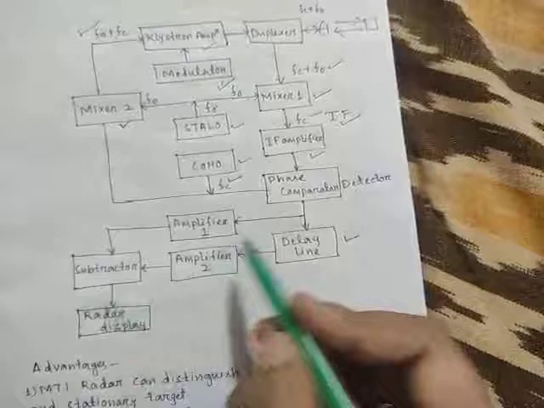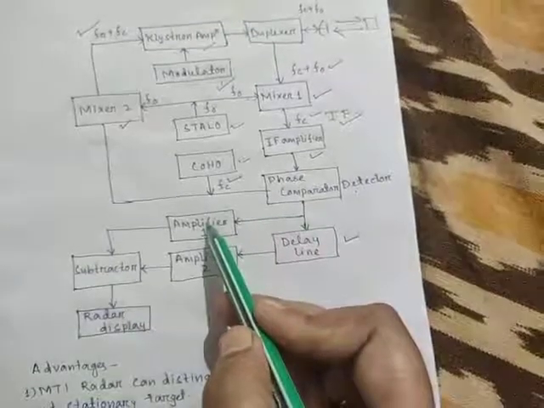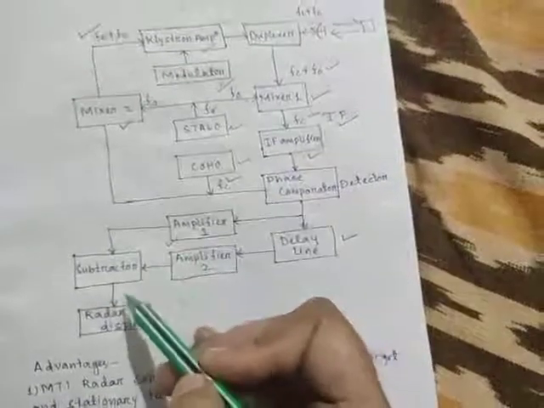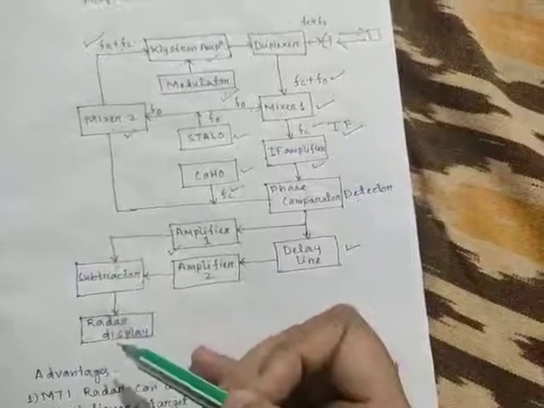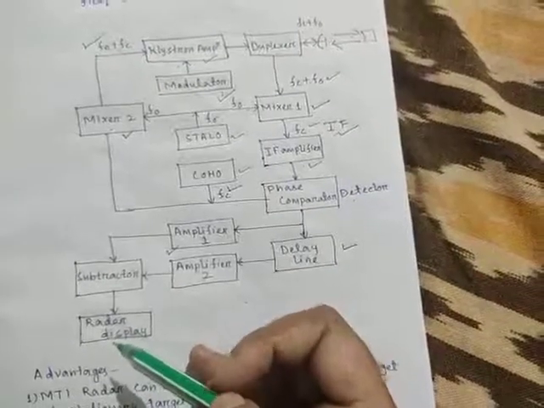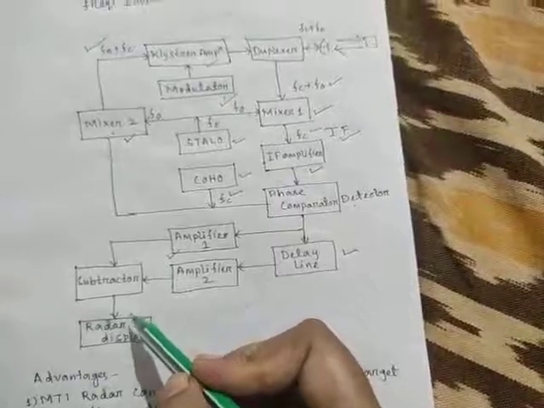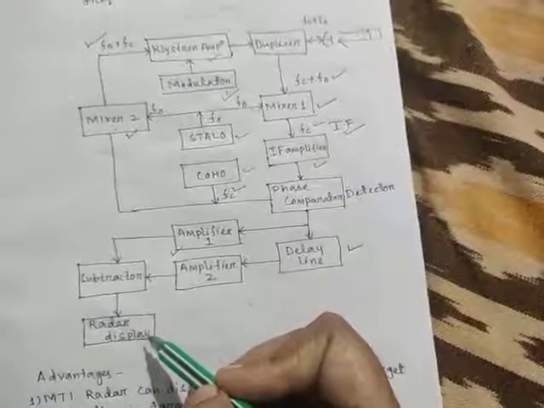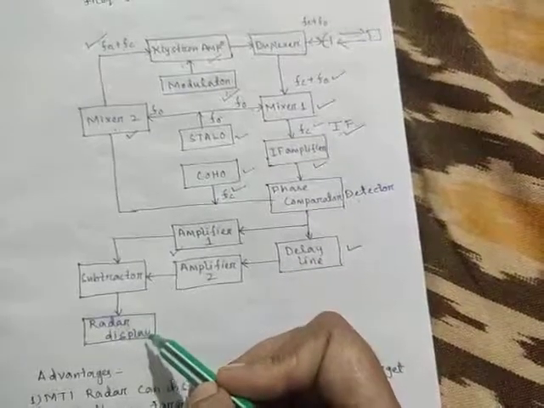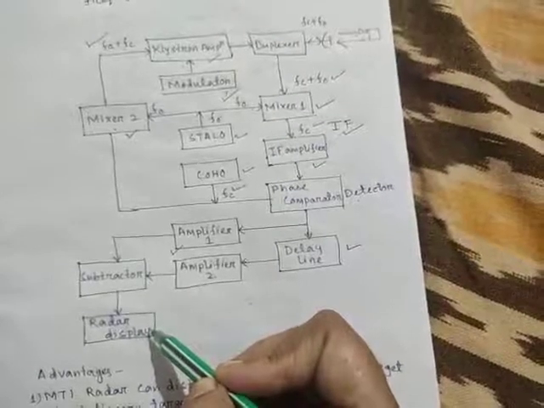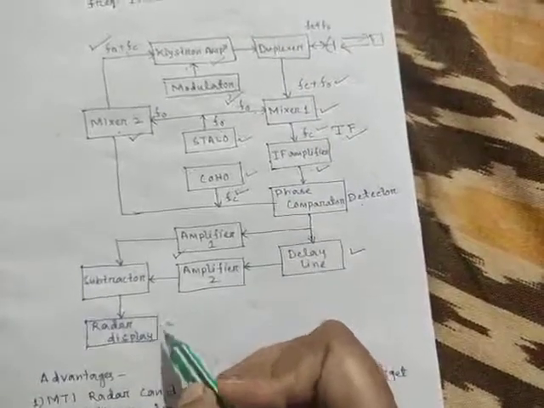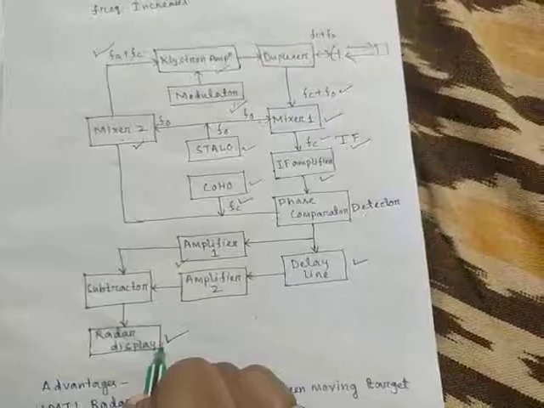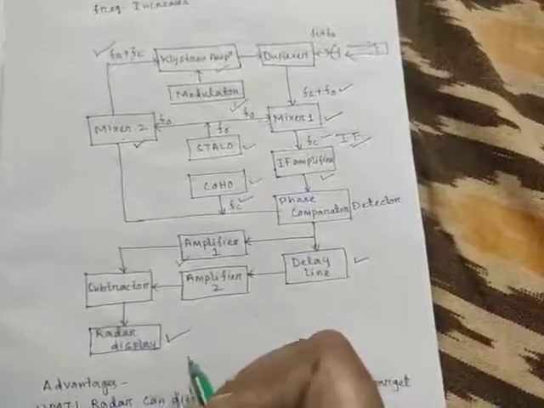At the same time, the undelayed output of the detector is also amplified by amplifier 1 and given to the subtractor. For a stationary target, the two inputs of the subtractor cancel out each other. However, for a moving target, the two inputs have different magnitudes and will not cancel out each other. So here we only get the result of the moving or non-stationary target.